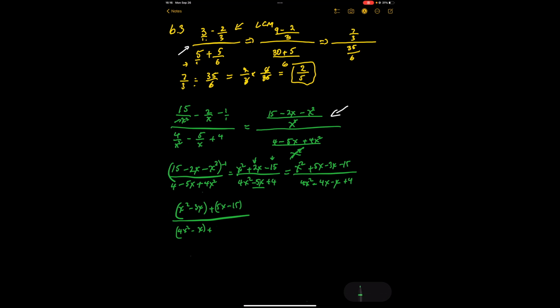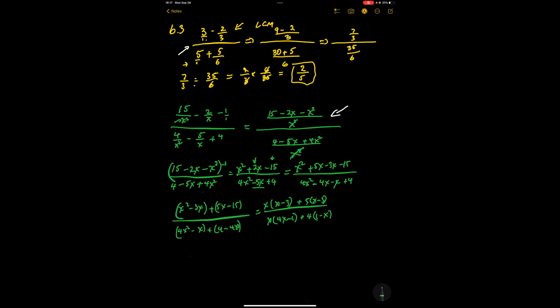That would be equal to, factoring out the x, x times x minus 3, plus 5 times x minus 3, over 4x squared minus 5x plus 4.